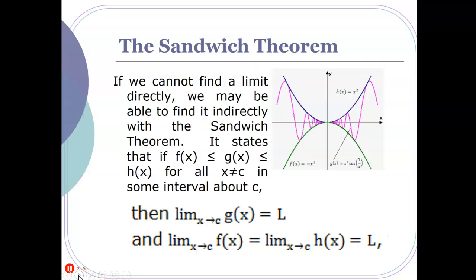So here we are smushing that pink function, which is g of x, between h and f. So we are smushing that pink function in between the blue and the green.